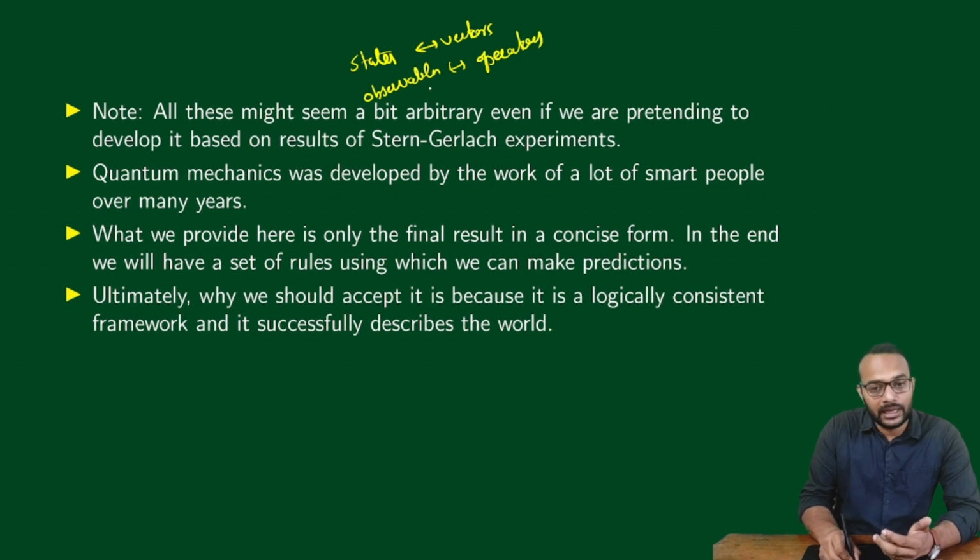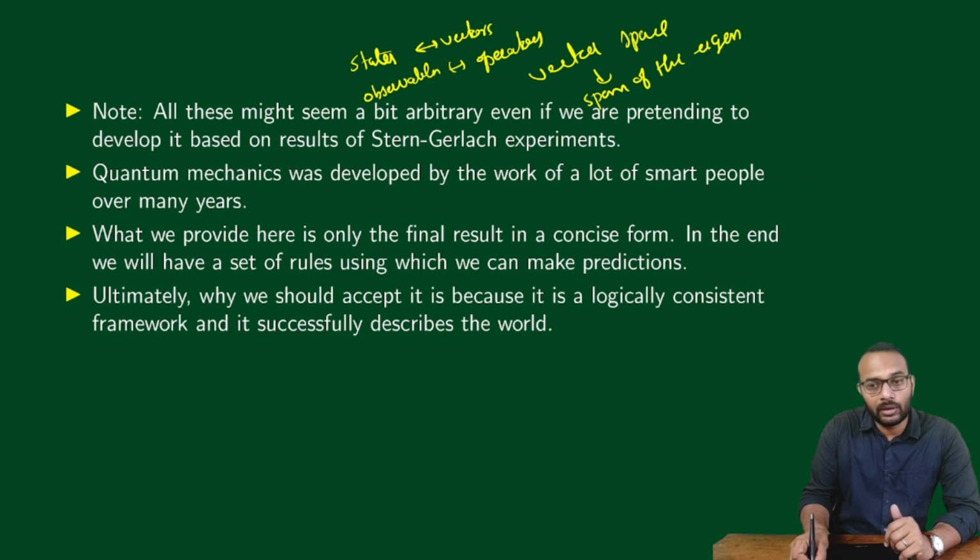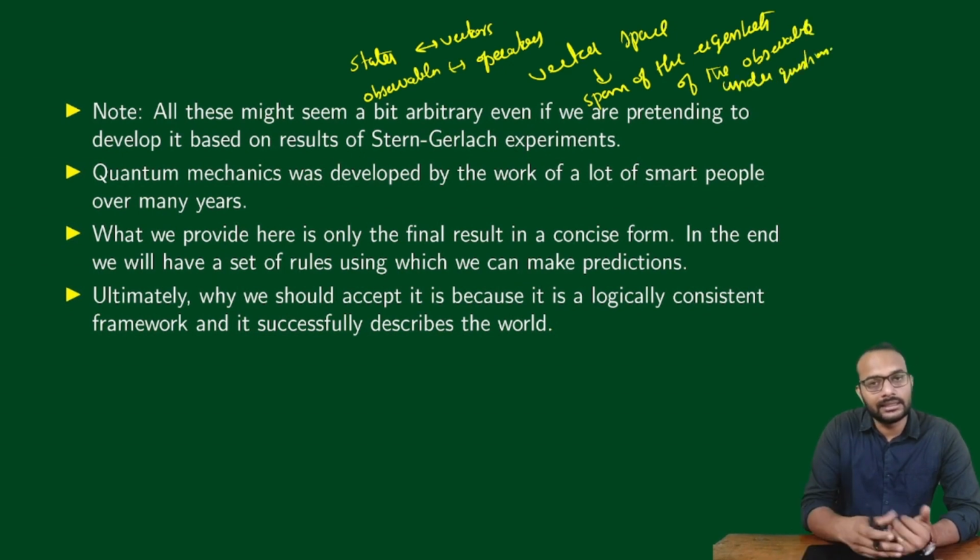Measured values are eigenvalues of these observables, and this vector space, we said, can be related to the span of the eigenvectors or eigenkets of the observable under question. These are basically the rules.